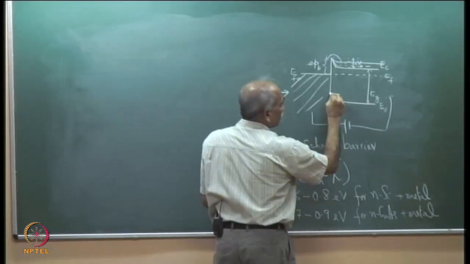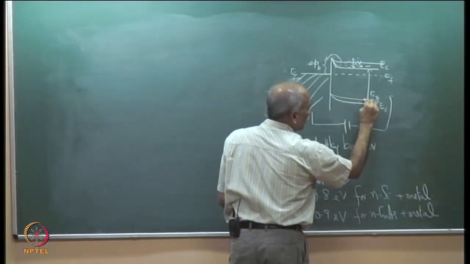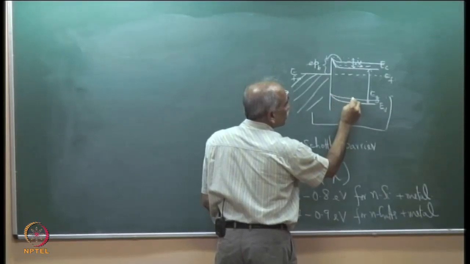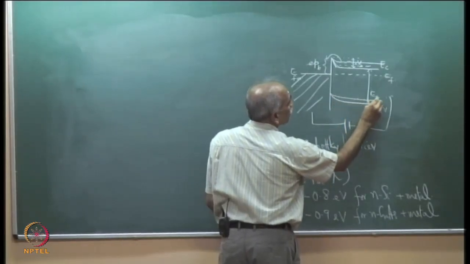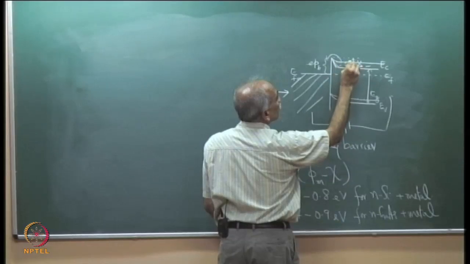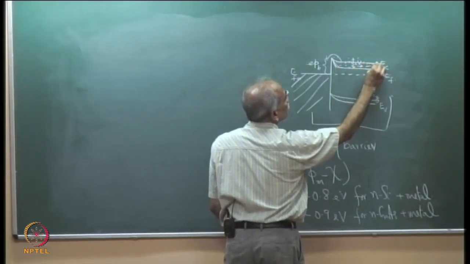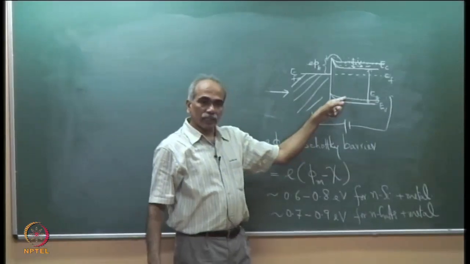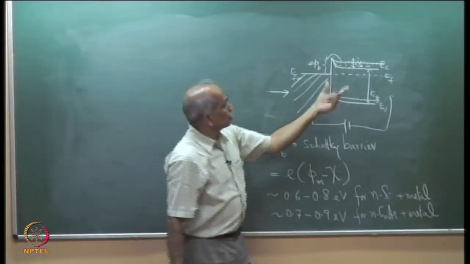When I forward bias, the new level is here. Let me show it slightly differently to distinguish. After forward biasing, the band looks like this. The upper one is after forward biasing. So what has happened?